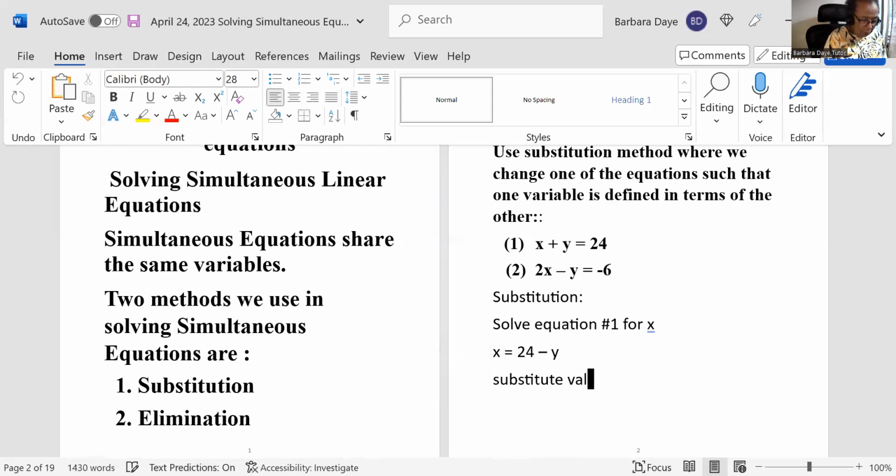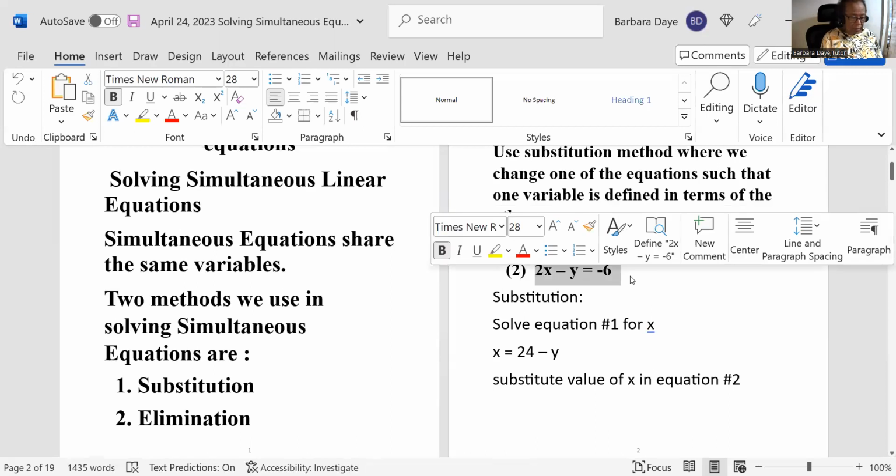So let me just take equation number 2. There's equation number 2. Let me just copy it. And I want you to tell me what to write.